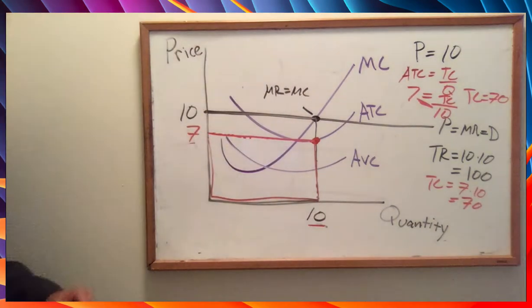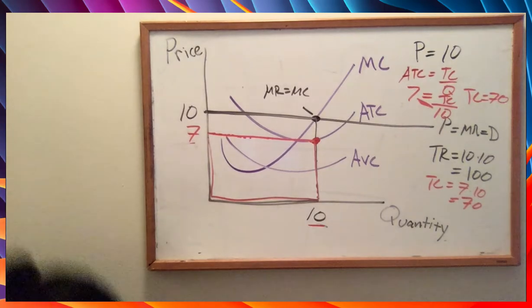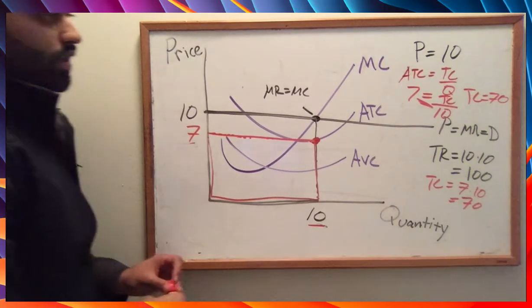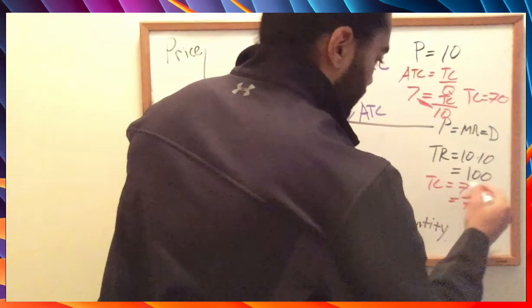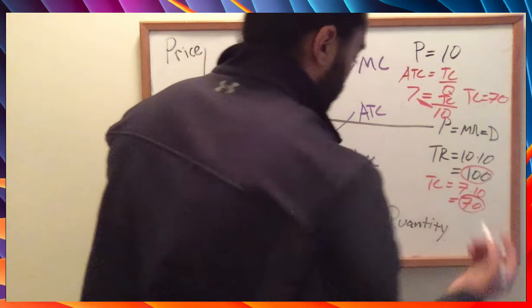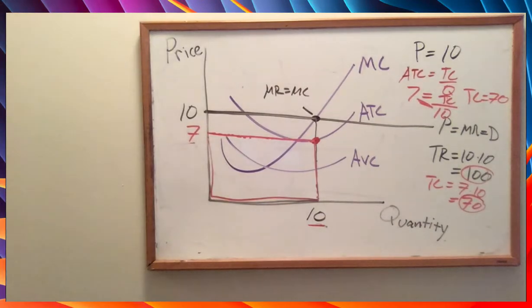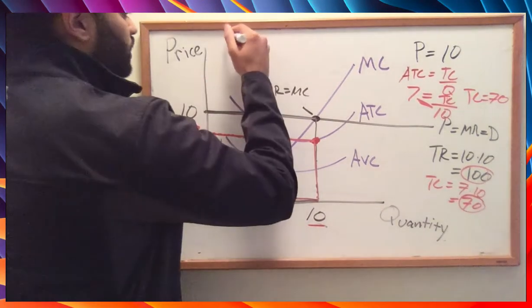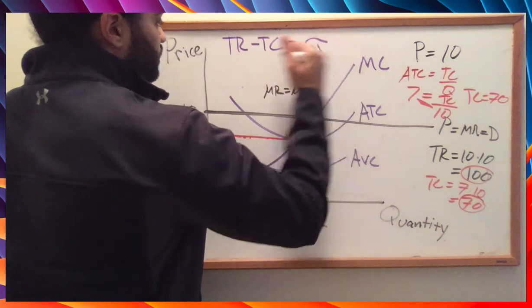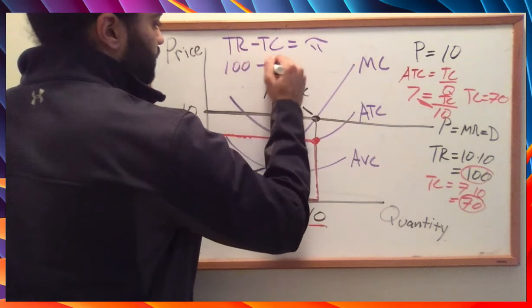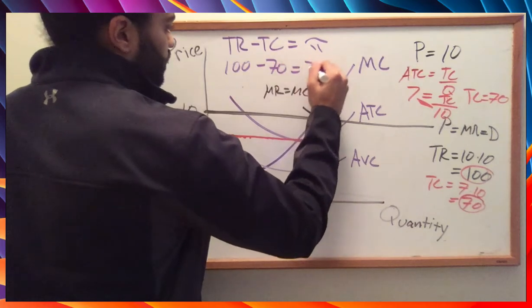Now, if we want to determine our profit, you can do total revenue minus total cost. So if you subtract these two numbers, you will get 30. So total revenue minus total cost equals your profit. So 100 minus 70 equals 30.